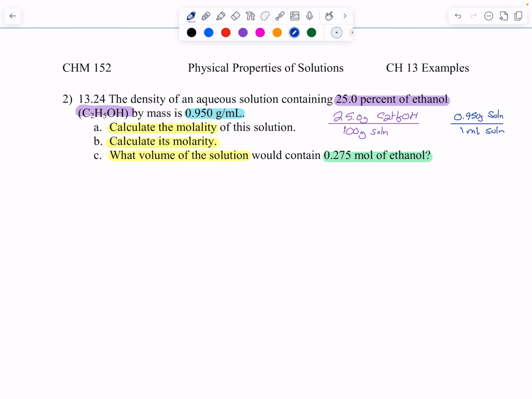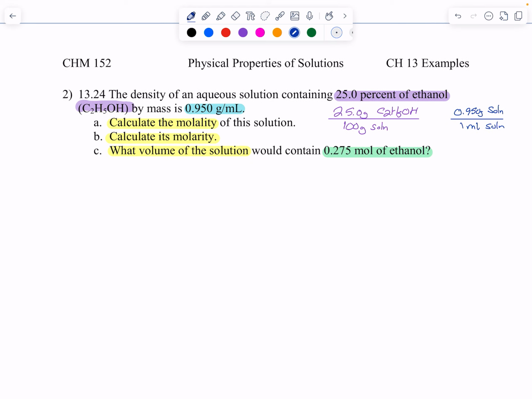So if we know that I have 25 grams of ethanol, what else is in the solution? Water. So this would also be 25.0 grams of C2H5OH plus 75 grams H2O to get to our 100 grams.